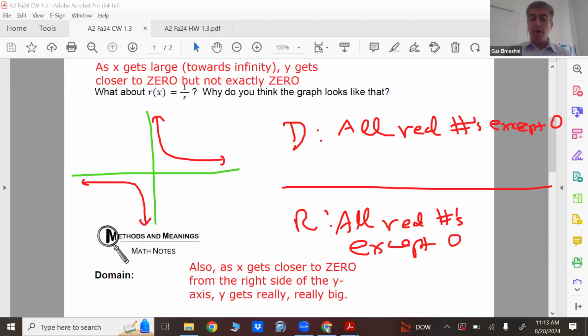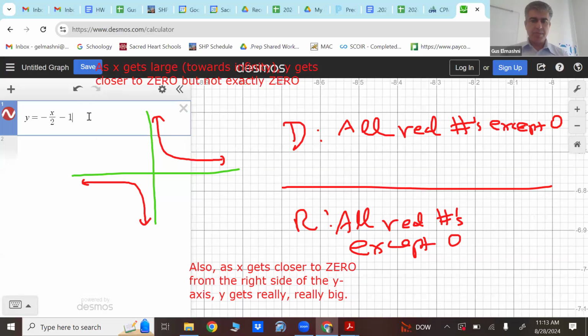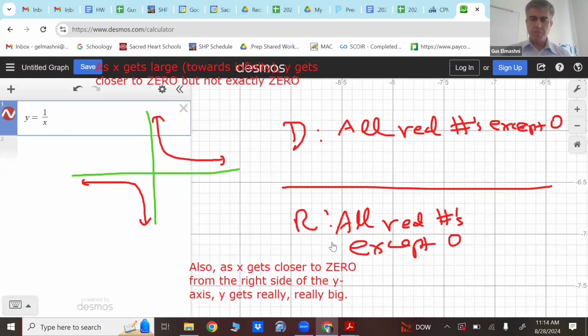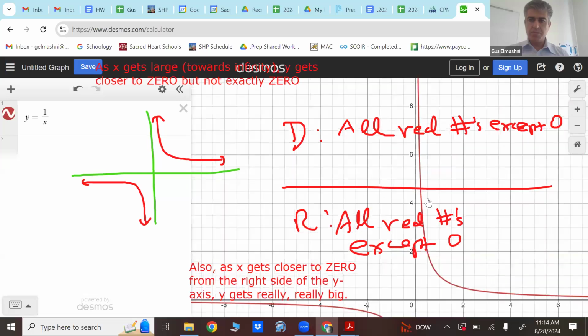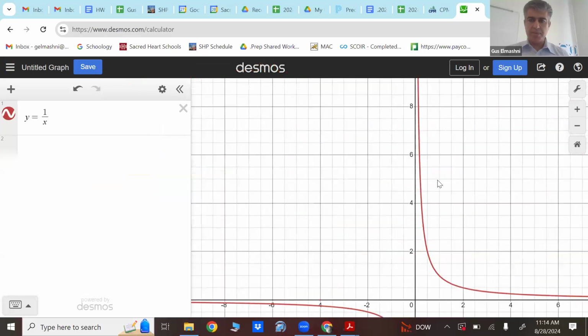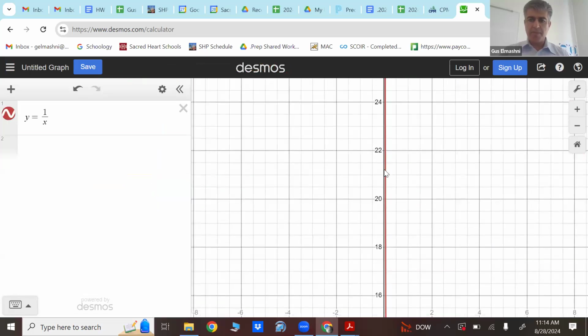So if you do 1 divided by 0.001, or if I just go to Desmos, let me clear the screen for a moment. See what happens when I make x smaller? What's happened to y? It just shoots up forever, right? If I do 0.001, I get 1,000. If I do 0.0001, I get 10,000, and so forth. So it just shoots up forever.